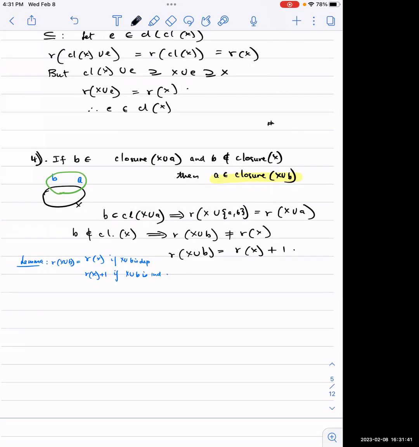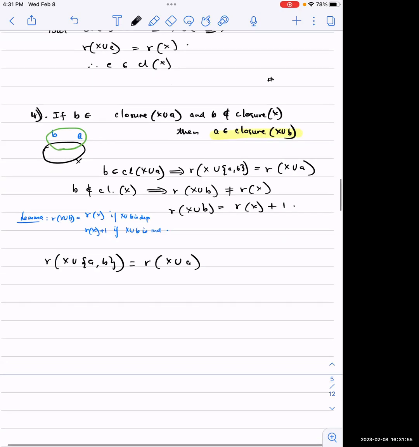Okay, so where were we? The rank of X union B is the rank of X plus 1. So the rank of X union AB is the rank of X union A, right? We get that from here. And that's less than or equal to the rank of X plus 1, which is equal to the rank of X union B. And so what do we have?